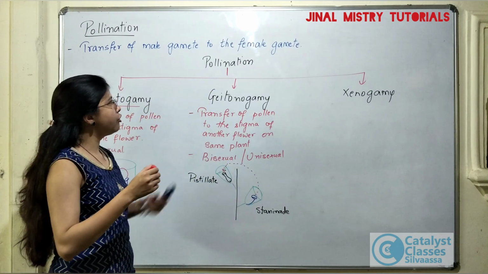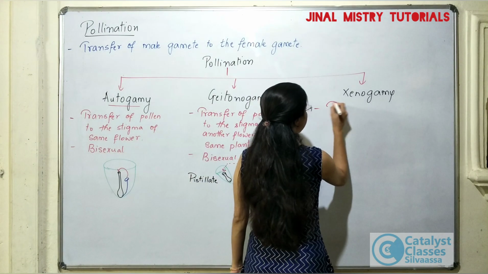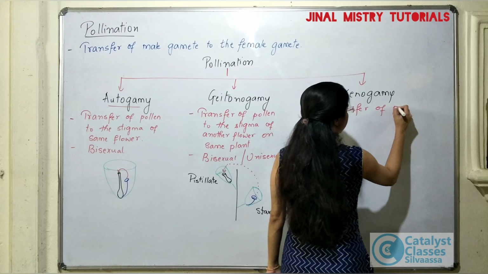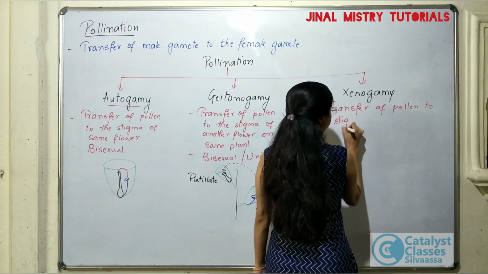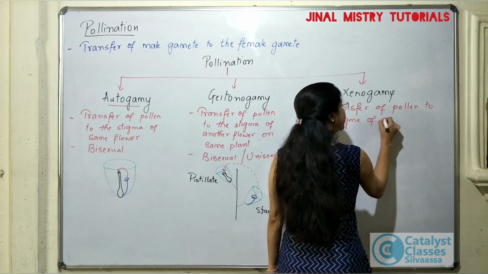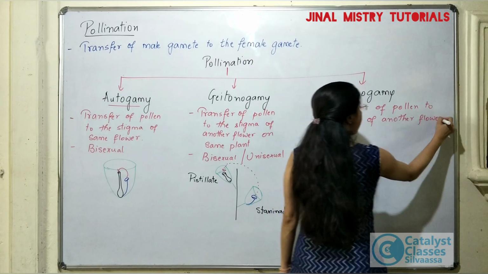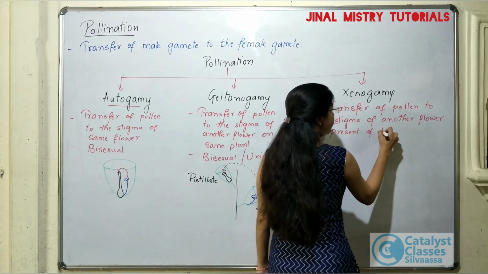The third kind of pollination is called xenogamy. What happens in xenogamy is transfer of pollen to the stigma of another flower present on a different plant.